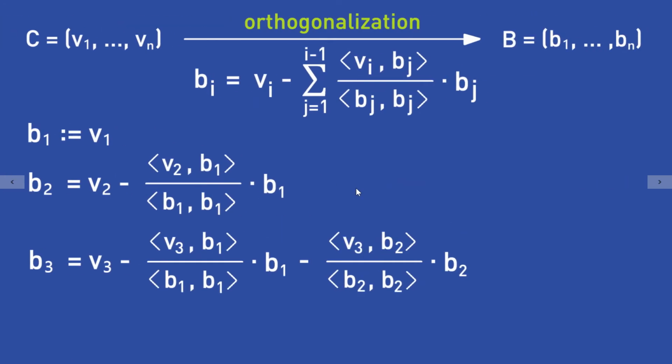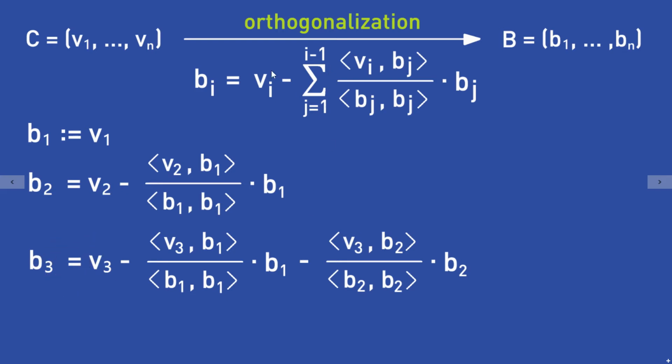The third vector b3 is equal to v3 minus the scalar product of v3 with b1 divided by the scalar product of b1 with b1 times b1 minus the scalar product of v3 with b2 divided by the scalar product of b2 with b2 times b2.